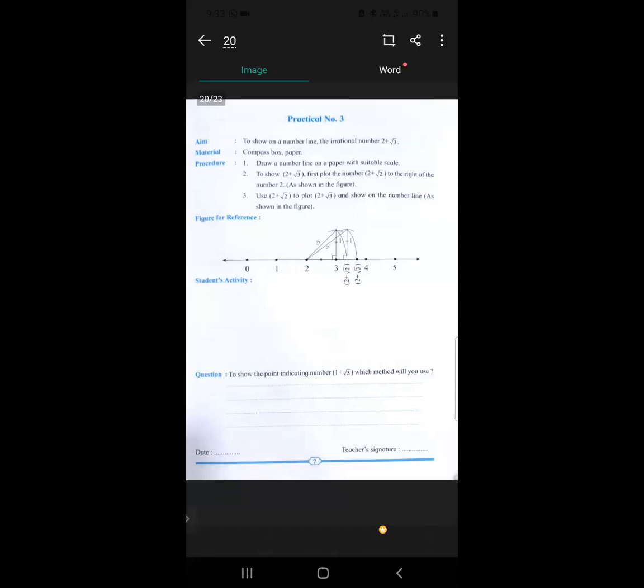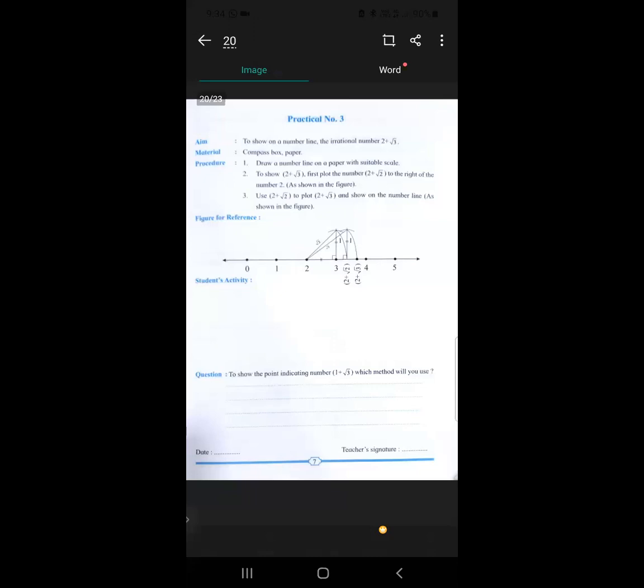Before starting with this practical, students, here a simple construction type, or you can say pencil scale, you need to use, protractor and the compass you need to use. So let us see first. That is to show on a number line the irrational number 2 plus root 3.